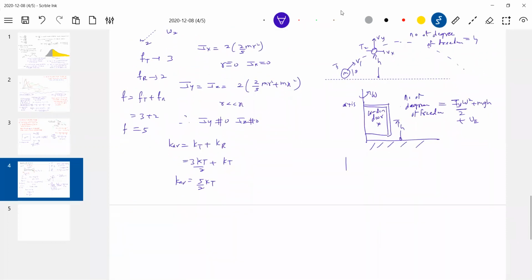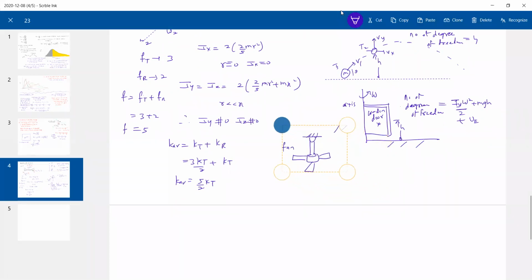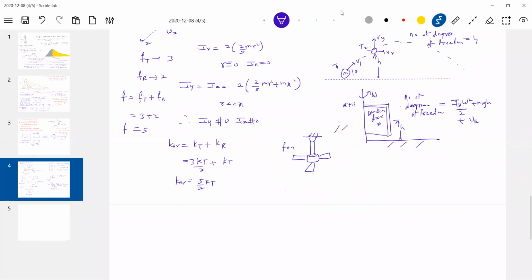Okay, what about a fan? Let's take a fan. Fan will be at a height, no? Anybody? Fan. Number of degrees of freedom.